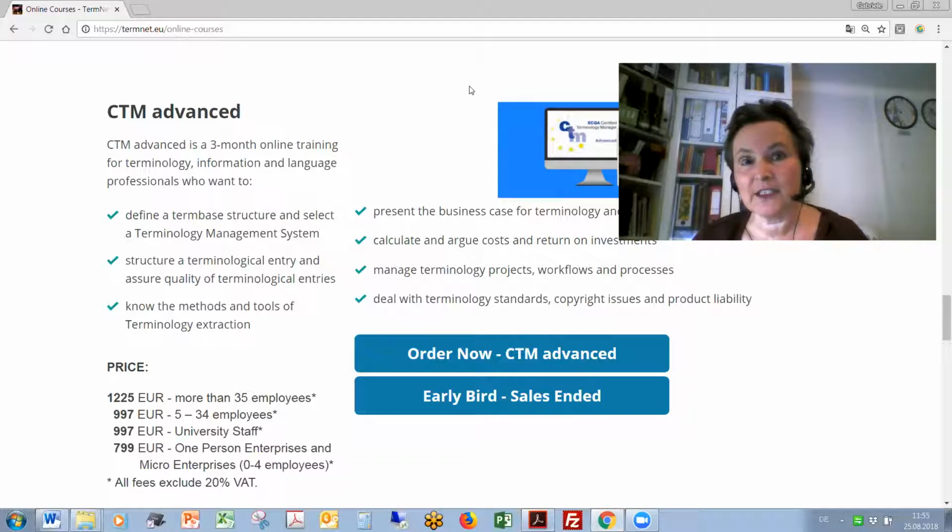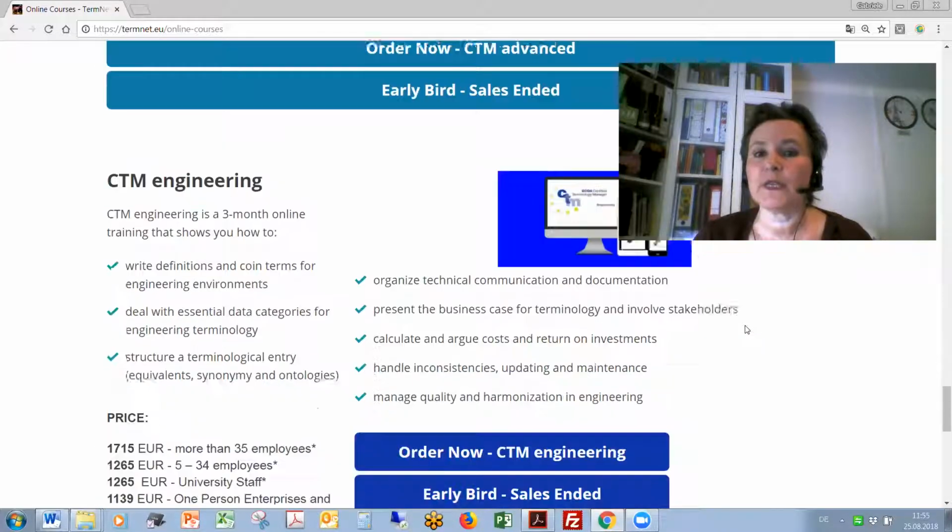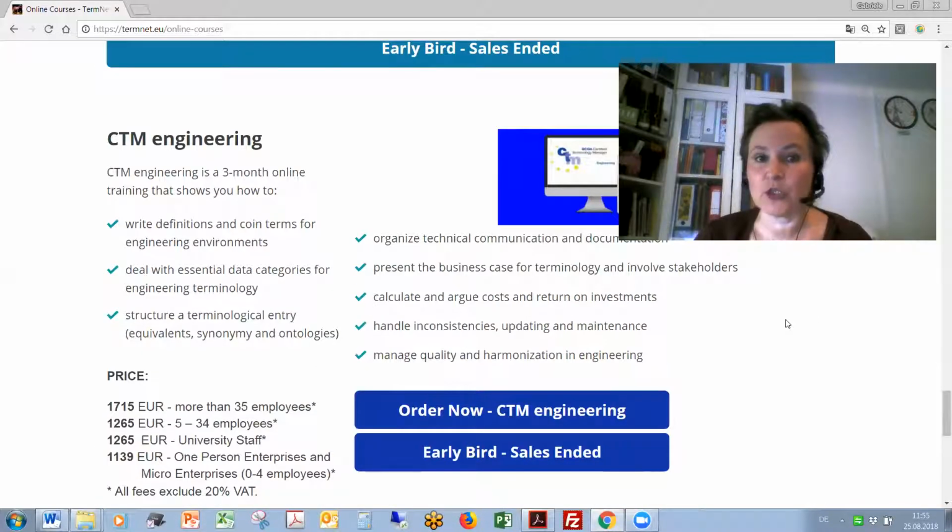But for senior professionals in the language industry, and also in software engineering, etc., information professionals who attend our training courses, for them it's really important how to manage terminology projects, workflows, and processes. So this is a part of the advanced. And in the engineering, of course, we have that too.